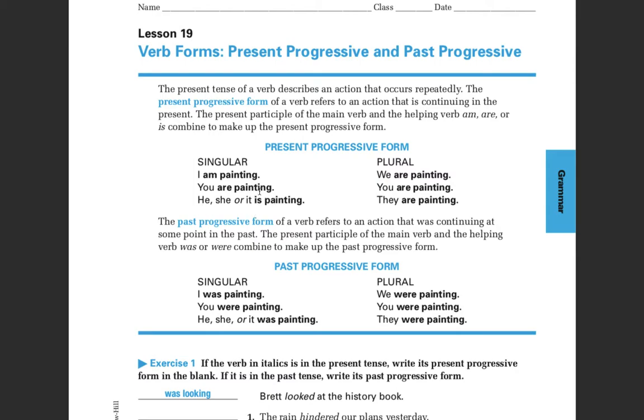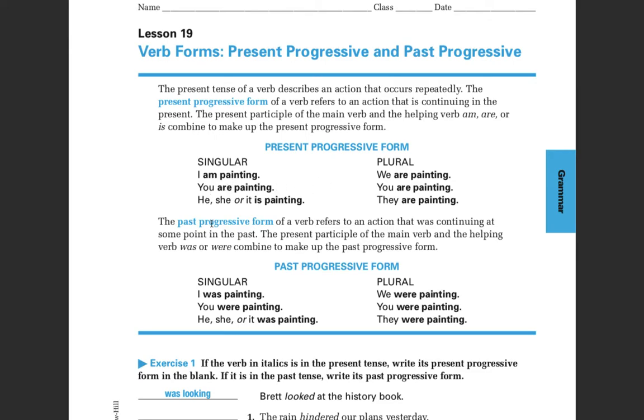So is here is in the simple present form. Whereas the plural forms are using are with ing. So we are painting, you are painting, they are painting. So all together make up a rule of how we form the present progressive, which is verb to be in the present plus verb with ing.